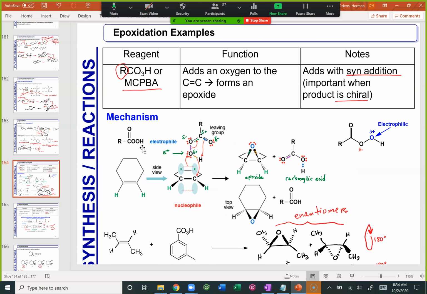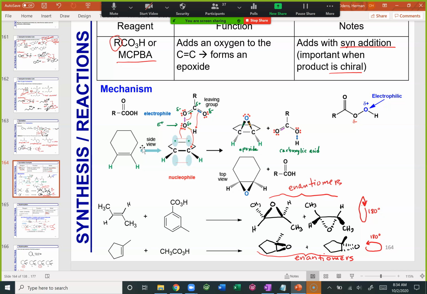Notice that for epoxidation, you can have top and bottom attack, so expect enantiomers. If you have a group attached to the alkene, it will not be symmetrical. If you have symmetry, you only get one product, because in that case, whether it's up or down, it will be the same thing.